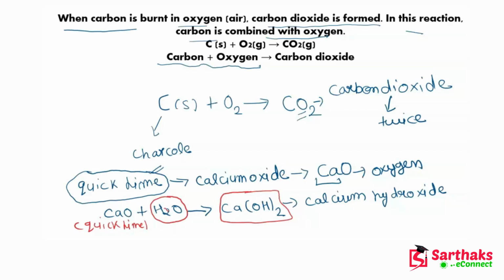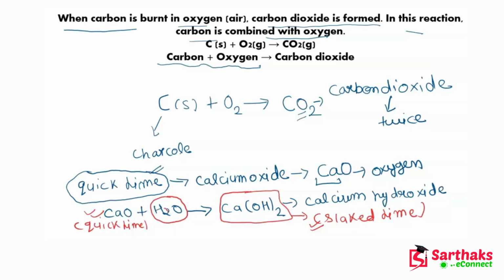And there is another famous name of this Ca(OH)2, and that is slaked lime. Let me write it here. Slaked lime. So you should know these two things. First one is quicklime, second one is slaked lime. Quicklime is CaO, calcium oxide, and slaked lime is calcium hydroxide, Ca(OH)2.